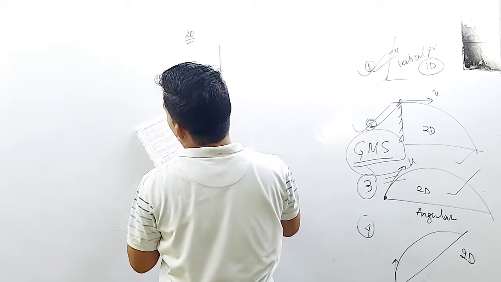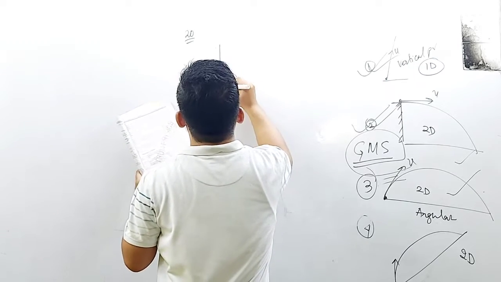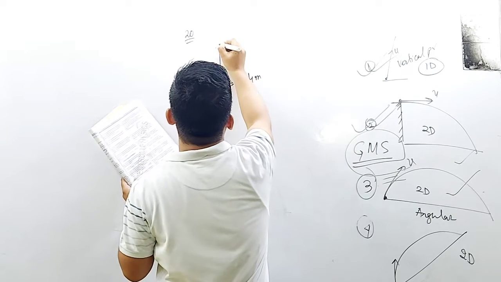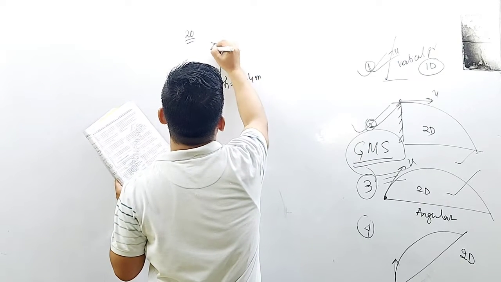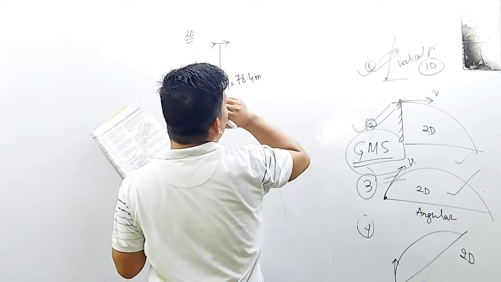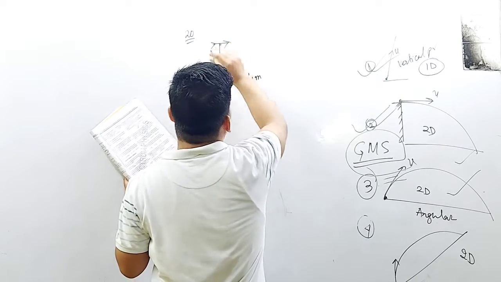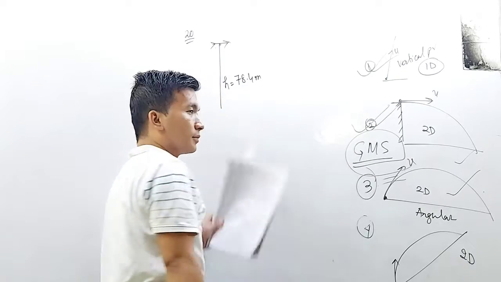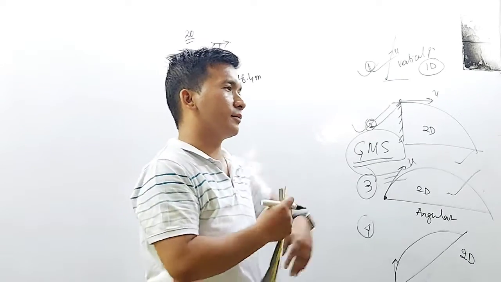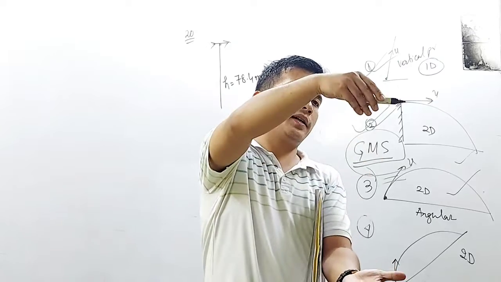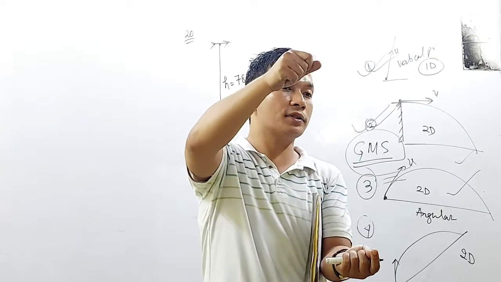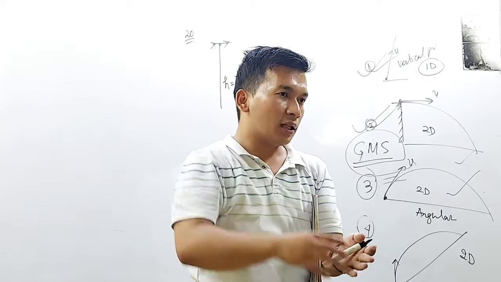The aeroplane is flying at a height of 78.4 meters. The aeroplane is flying like this and drops the bomb. If you drop any object, what is the initial velocity? Zero.